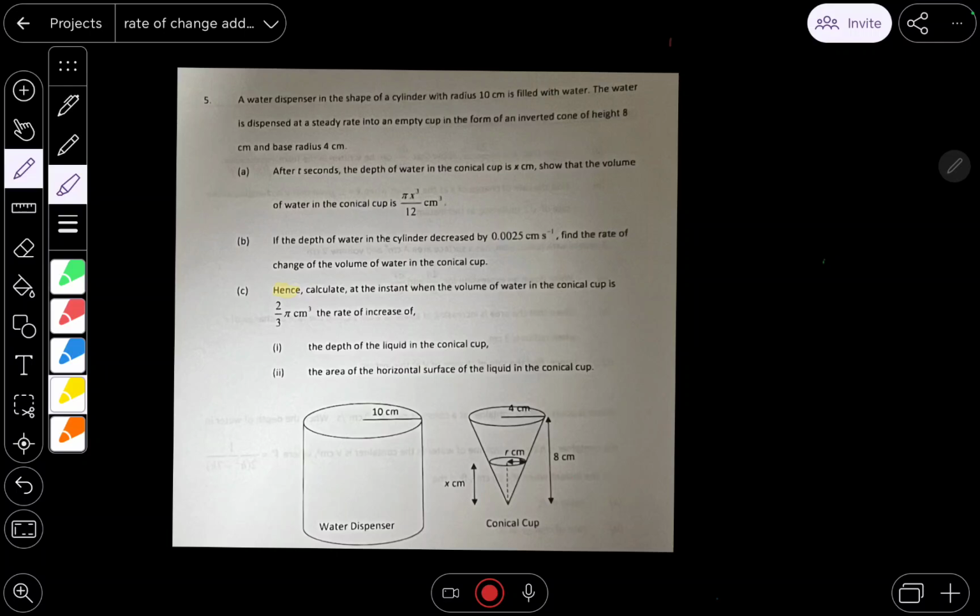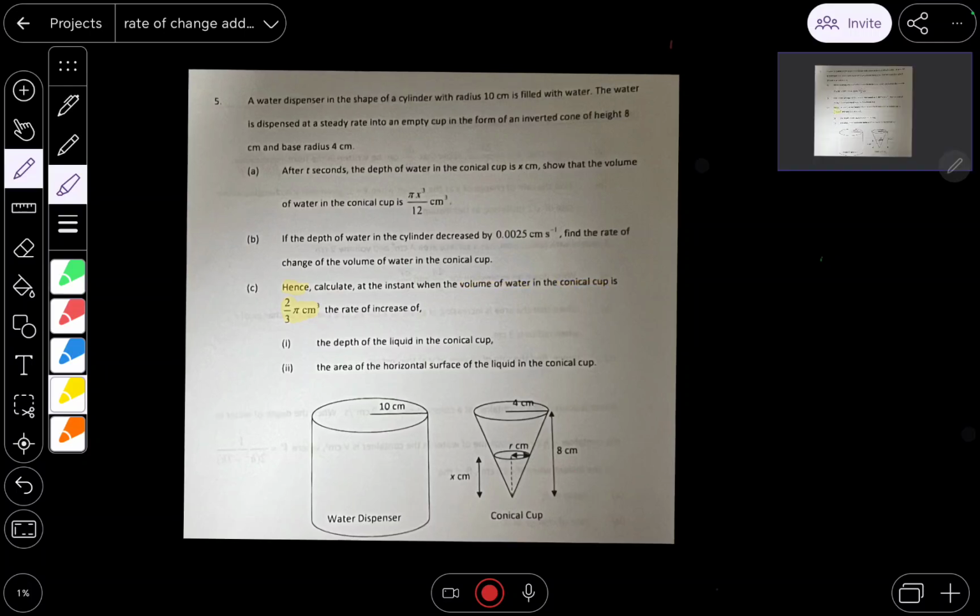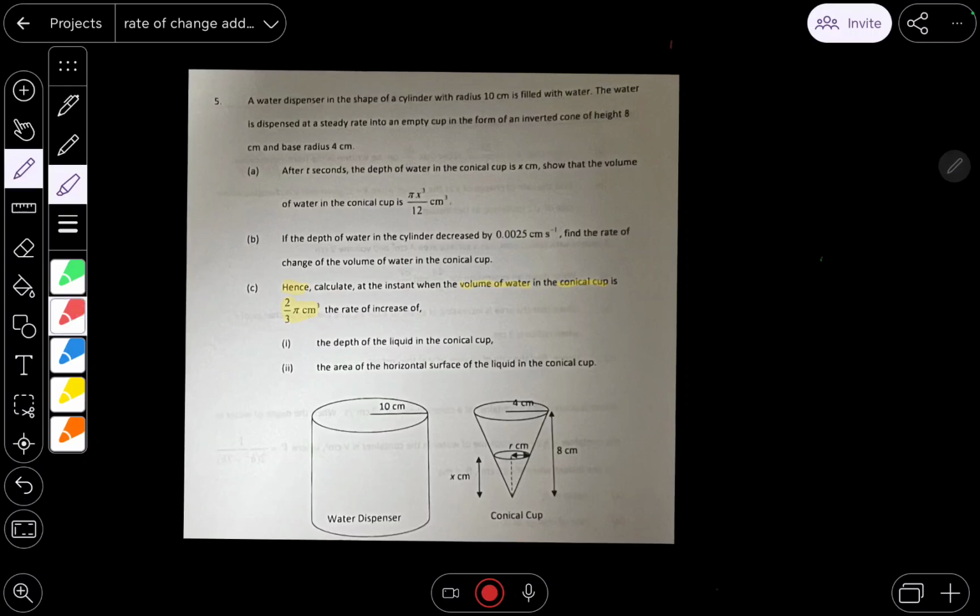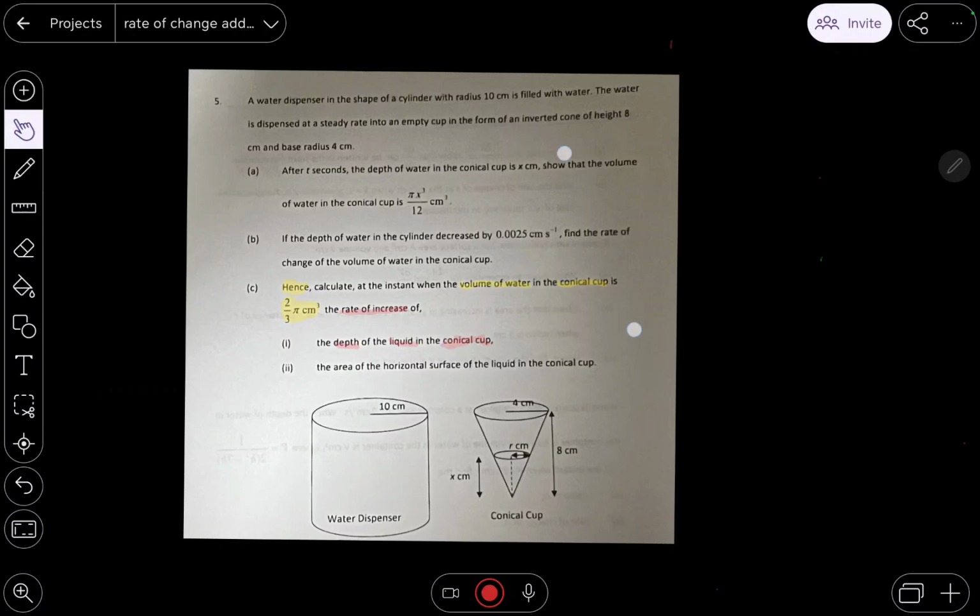Calculate at the instant when the volume of water in the conical cup is 2/3 pi cm cube. They want you to find the rate of increase of the depth of the liquid in the conical cup. Okay. This one.